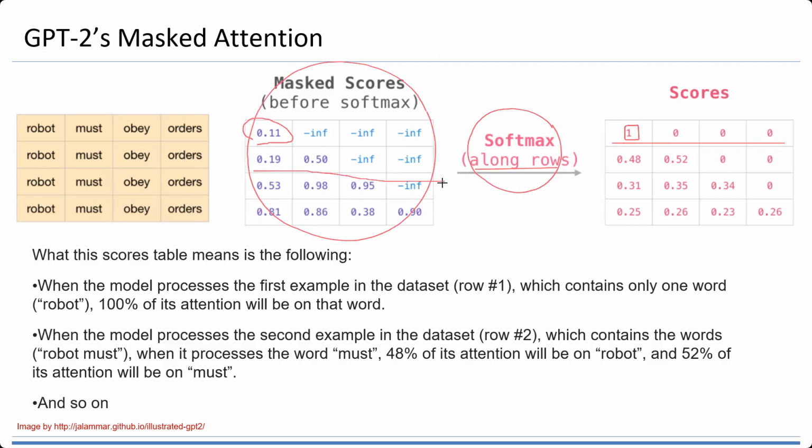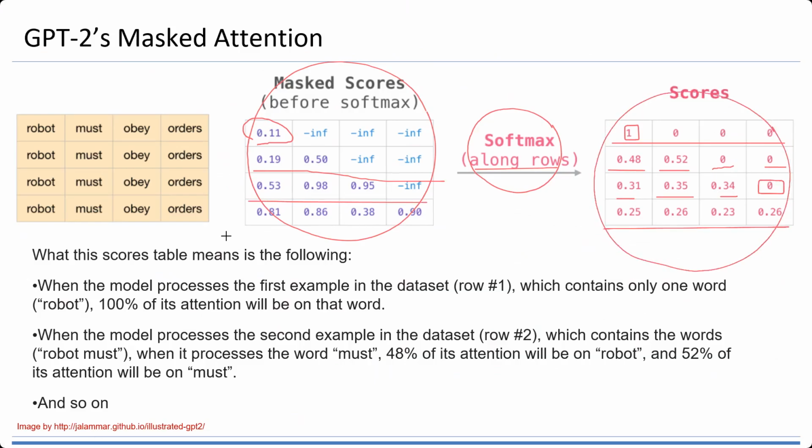For the second row, we have 0.48, 0.52, and 0 for the remaining. For the third row, we have 0.31, 0.35, 0.34, and 0 for the remaining, and this is the last row. So what does it mean?